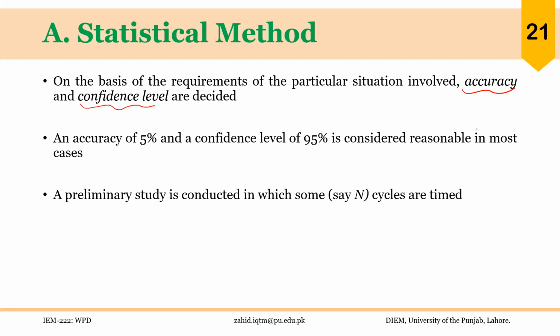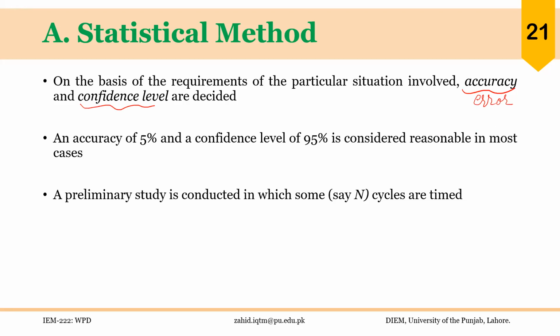Basically, accuracy here means how much error you are going to tolerate in finding the standard time. An accuracy of 5%, or better to say an error of 5%, and a confidence level of 95% is considered reasonable in most cases.